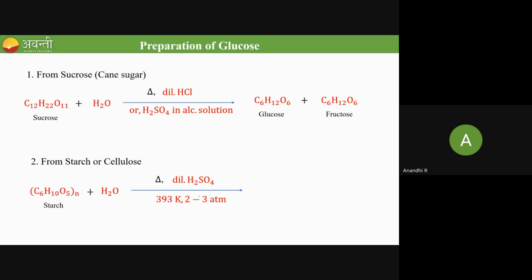but you see the reaction condition, here we are giving a specific temperature. Heating it to a specific temperature, that is 393 Kelvin, and 2-3 atmospheric pressure is given to this starch.